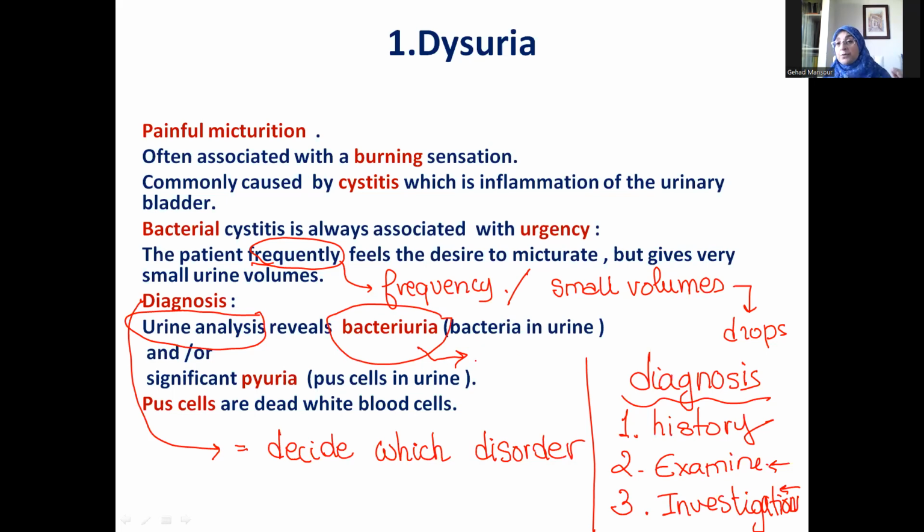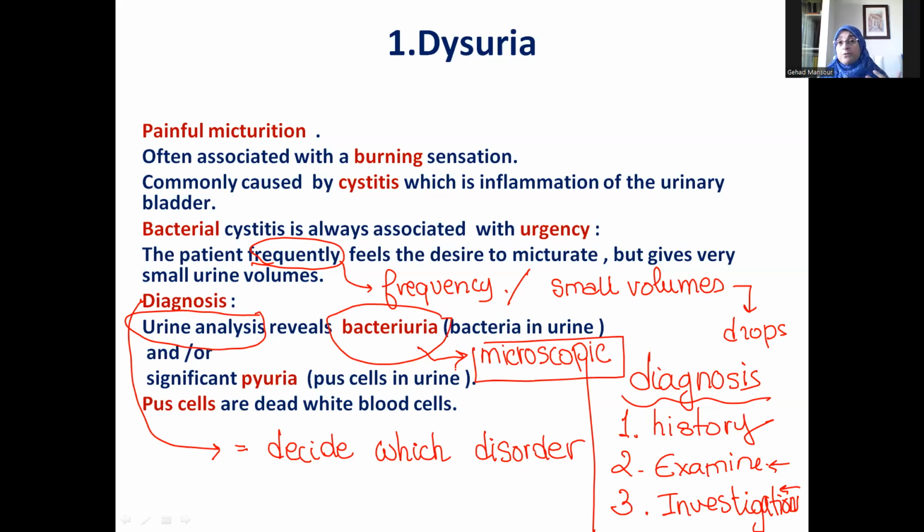And sometimes there are other instances where we stain the bacteria, but if we are examining the bacteria themselves, this needs microscopic examination of urine. So it's not chemical examination, it's not physical examination, but microscopic examination that shows you the bacteria and confirms the diagnosis.